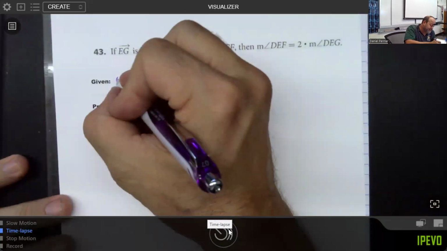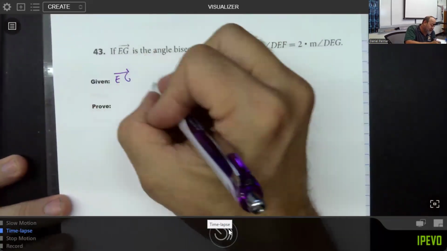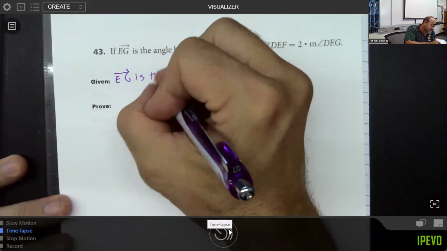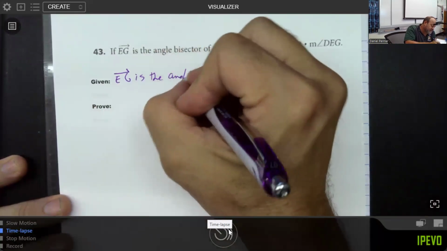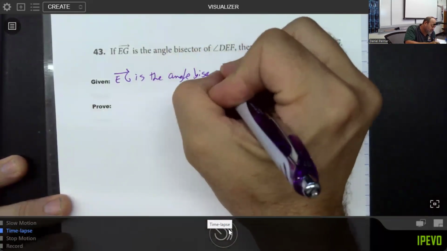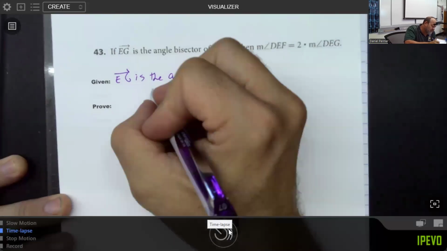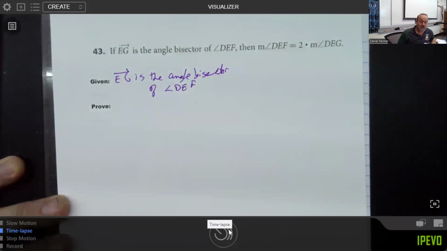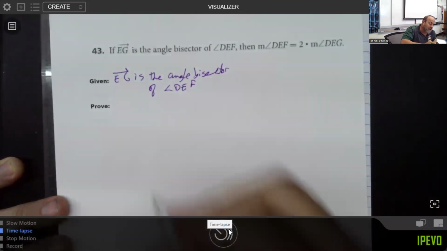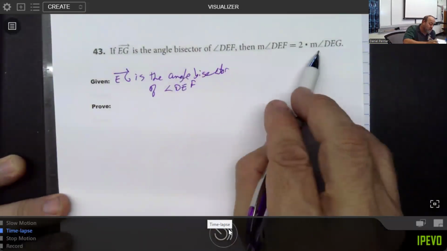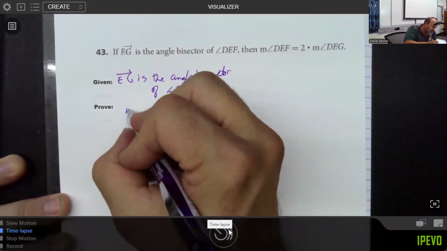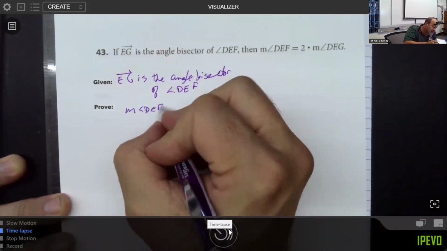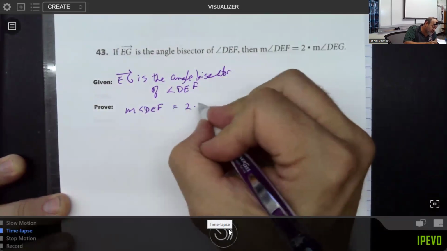Given: EG is the angle bisector of angle DEF. Okay, so I'm just writing out the given information. The conclusion is what we're trying to prove, that the measure of angle DEF is equal to twice the measure of angle DEG.